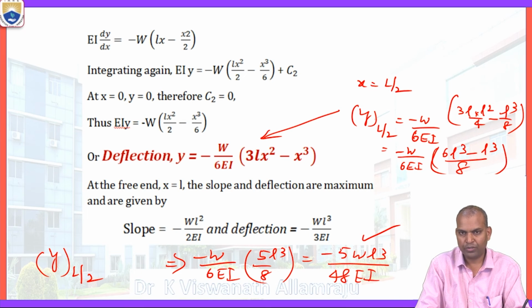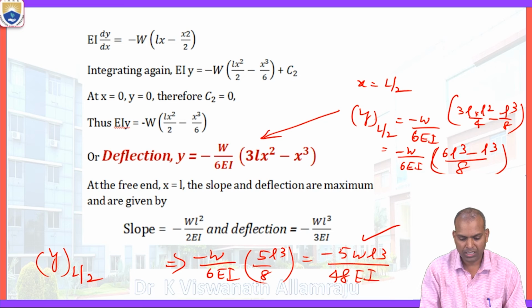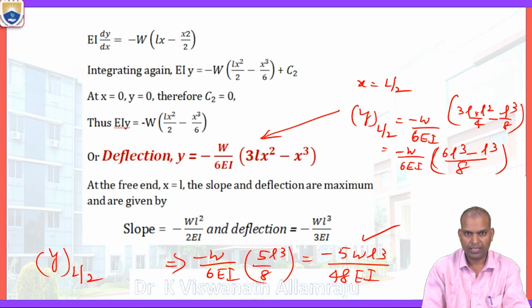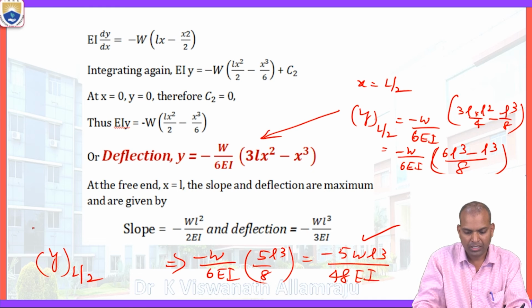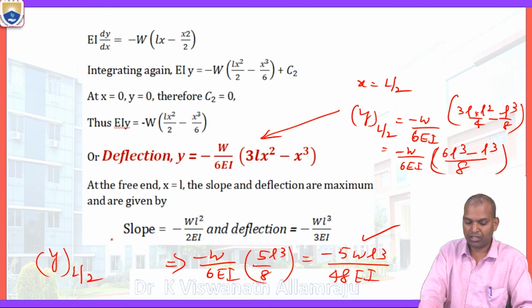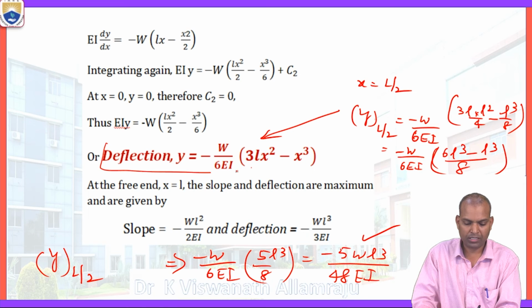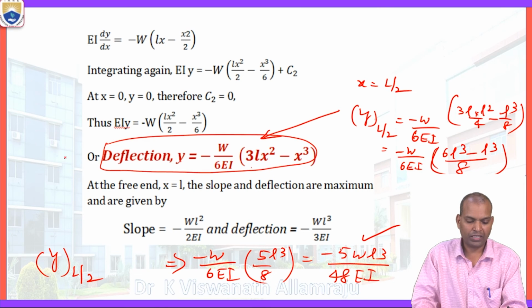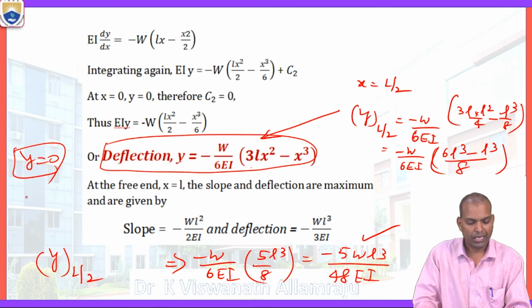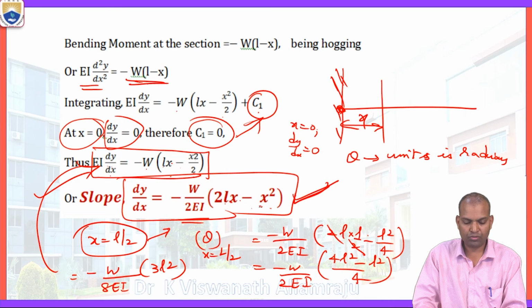5WL cube by 48EI, where E is the property of the material, that is the modulus of elasticity, and I is the second moment of inertia or moment of inertia. Now if you substitute x equal to 0 in this, then the deflection y equal to 0 and the slope equal to 0.